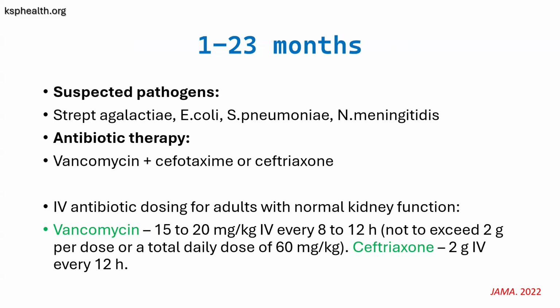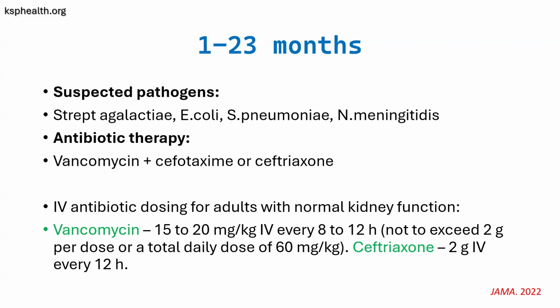Antibiotic therapy in this age group is vancomycin plus cefotaxime or ceftriaxone. Ceftriaxone is introduced after a month. The dosing is similar to adults, 15 to 20 milligram IV every 8 to 12 hours.